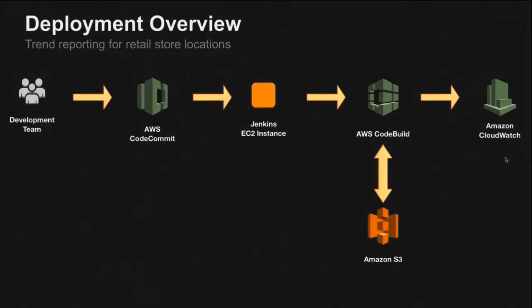Jenkins then kicks off the build process in AWS CodeBuild. Using the build spec file, CodeBuild then executes the commands specified in the file and creates an output artifact. This output artifact is then uploaded to S3, and any log messages or errors from the build in AWS CodeBuild are displayed on the console, but they are also available in Amazon CloudWatch.